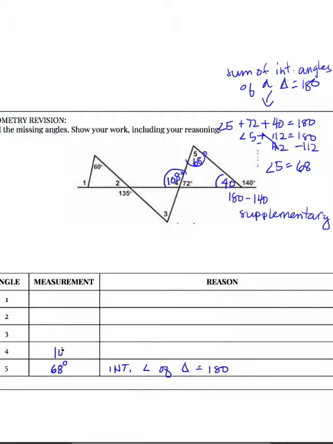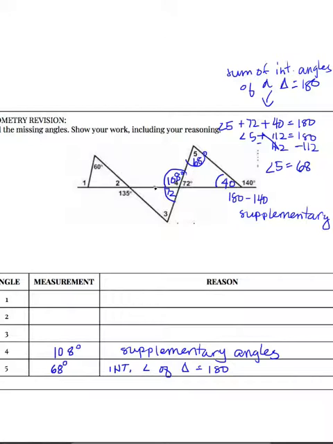Why? Because they are supplementary angles. Now since we know this is 108, this would be 72, either because they are vertical angles or these two are supplementary.